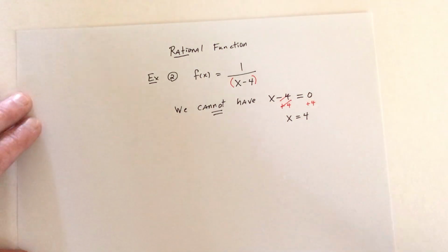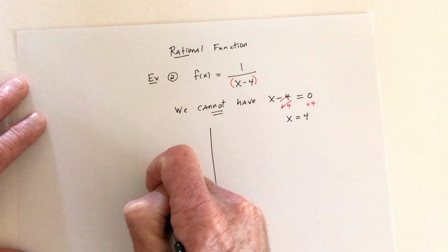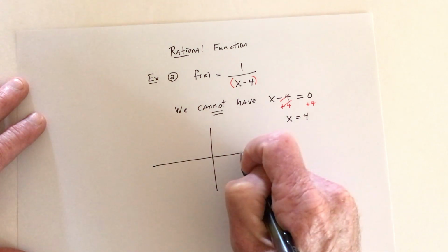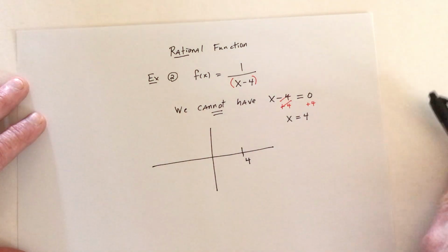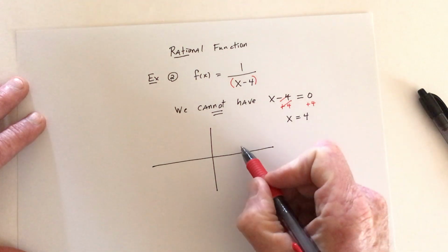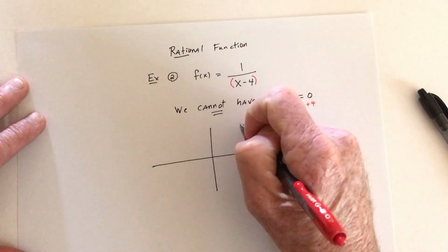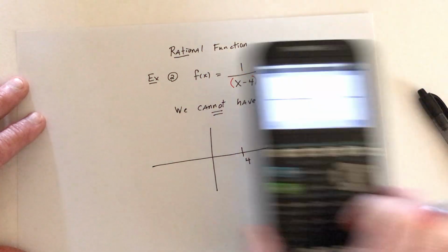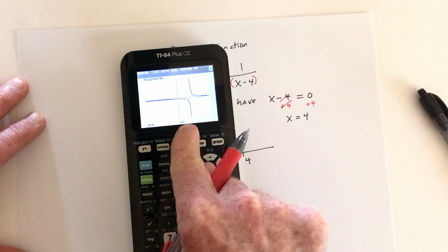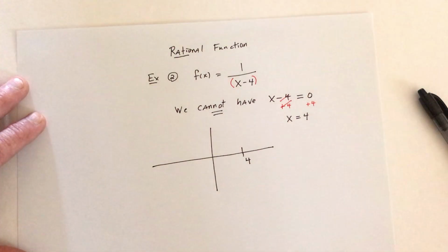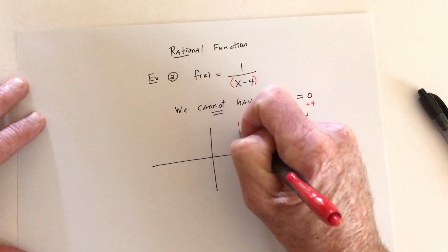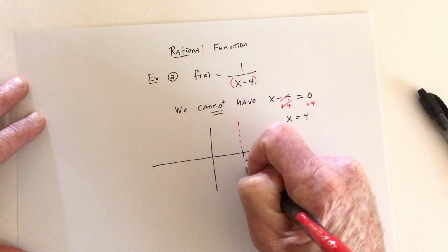So the graph basically looks like, here's my x and y axis. Here's the number 4 on the x-axis. And on paper, to indicate that the graph is undefined, so right here, the calculator just said a blank. But on paper, what we do is write a vertical dotted line.